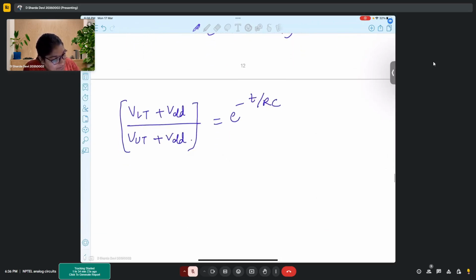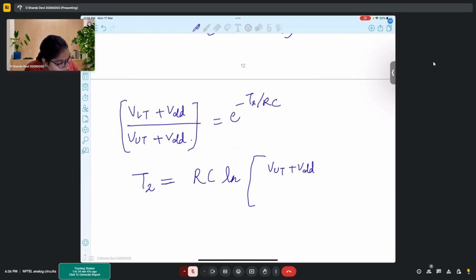So this T is nothing but T2. So this T will be Rc ln VUT plus VTT by VLT plus VTT.